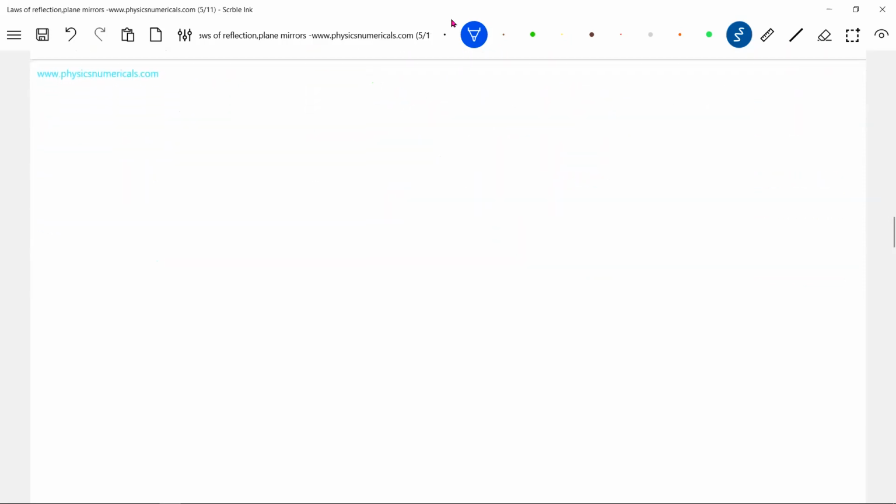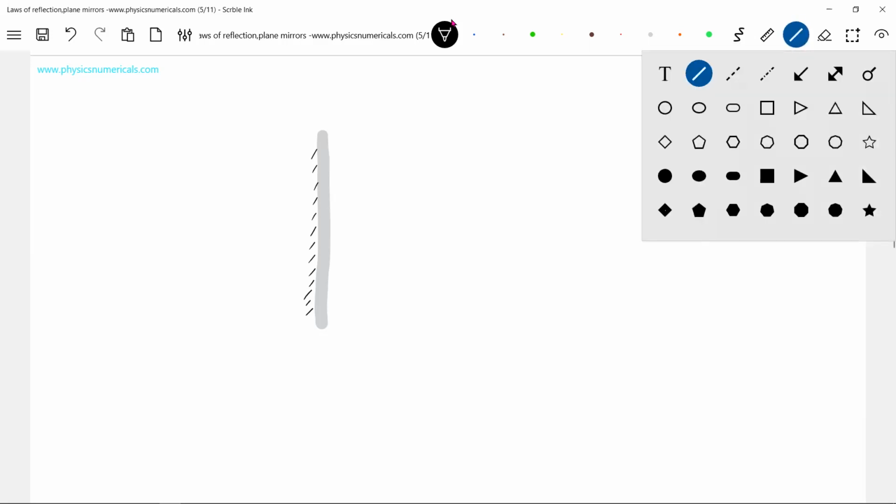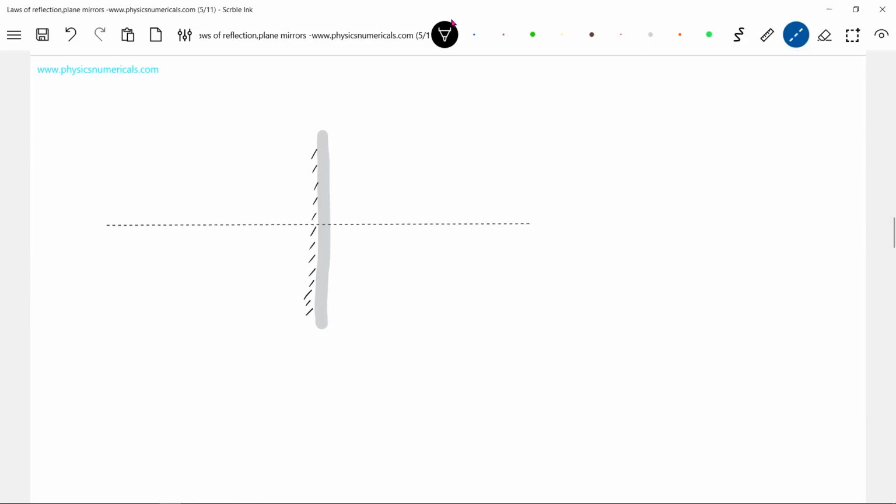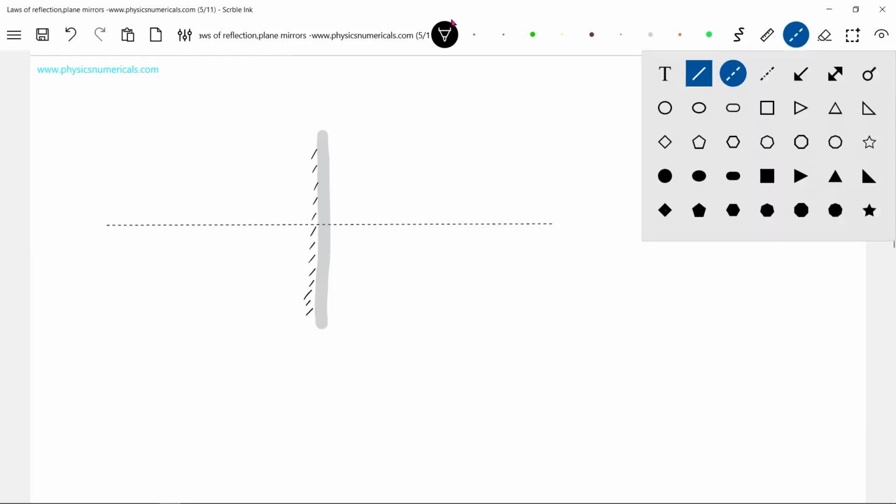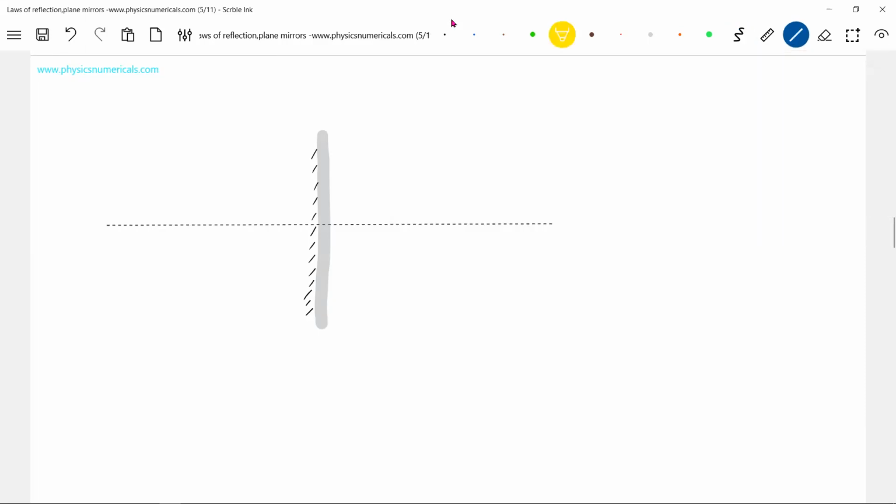For a virtual object, what would be the nature of the image formed by the plane mirror? Okay, there's a plane mirror. What do you mean by virtual object? The incident rays appear to converge at a point.